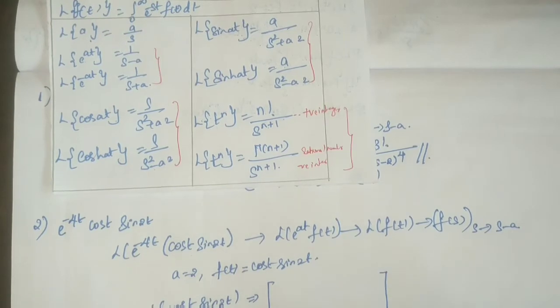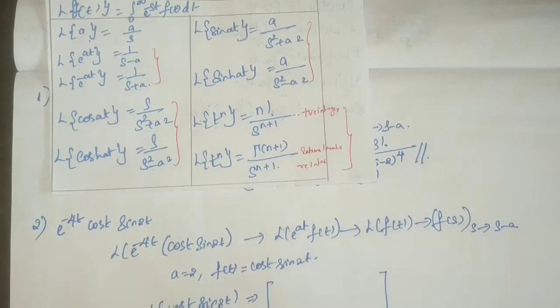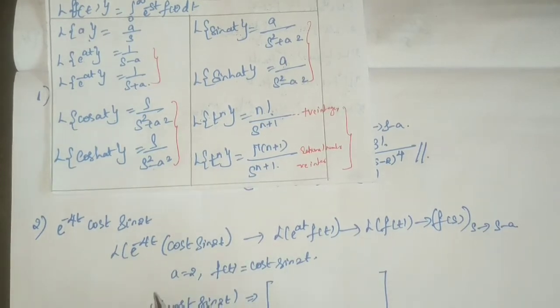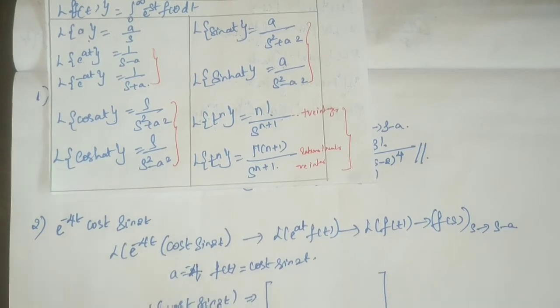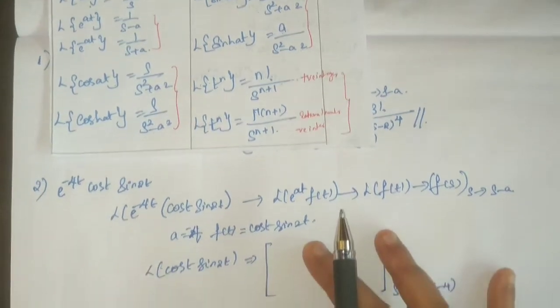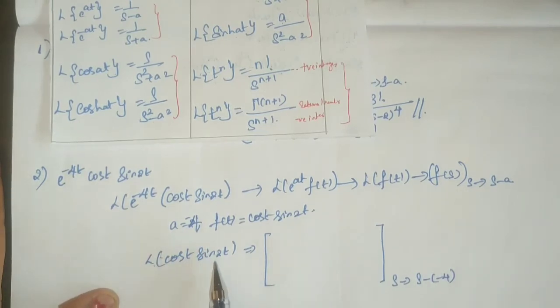Whatever answer we get, we have to shift s to s minus of minus 4, because a is minus 4 here. But again you can see this is a product of functions, so take the Laplace transform for the function.